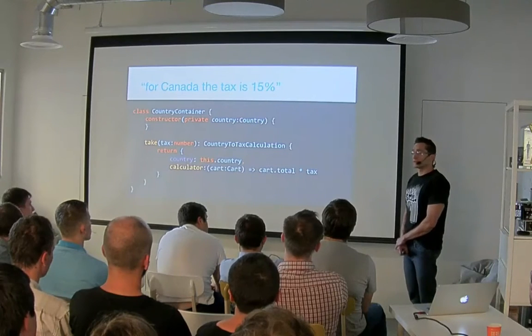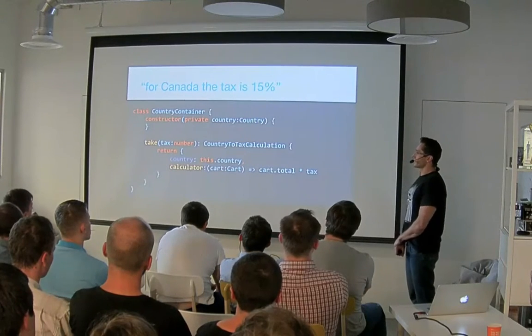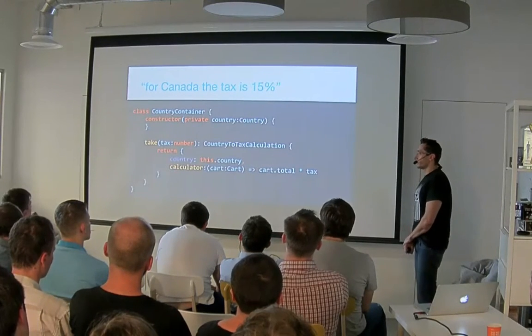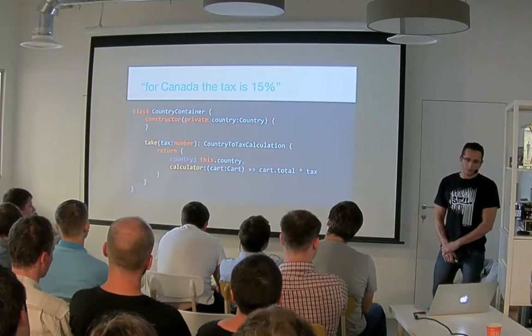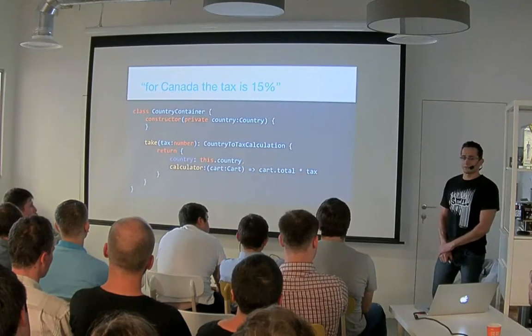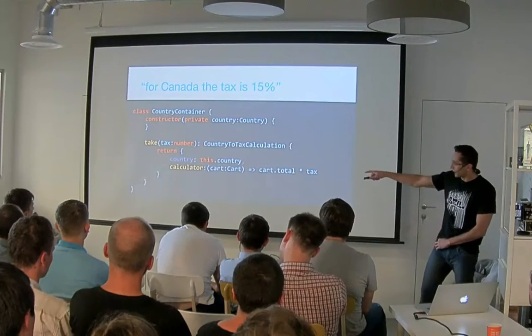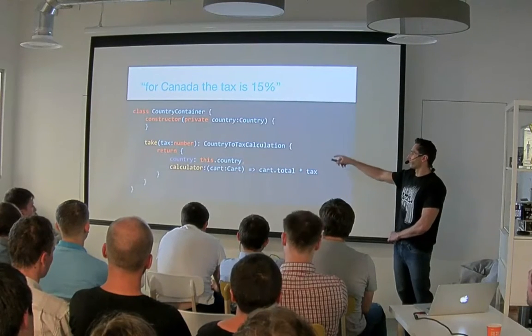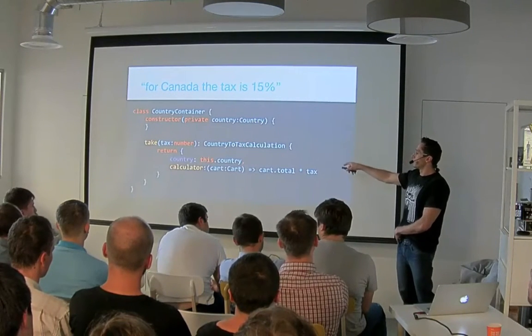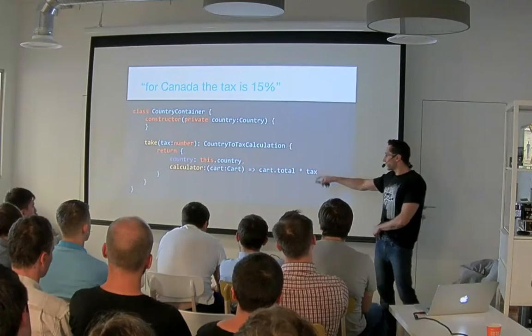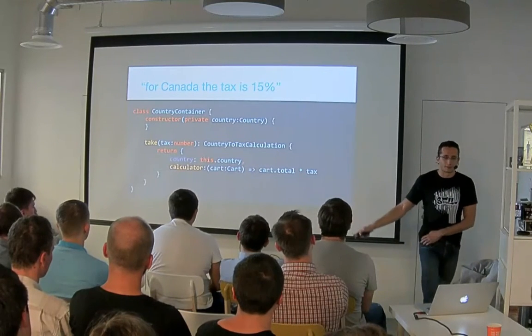Take is just another simple function that returns a country to text calculation, a tuple which allows us to calculate the tax for a specific country given a cart. Calculator is just a function from a cart to a number, and it does its logic by taking the cart total and multiplying by the tax.